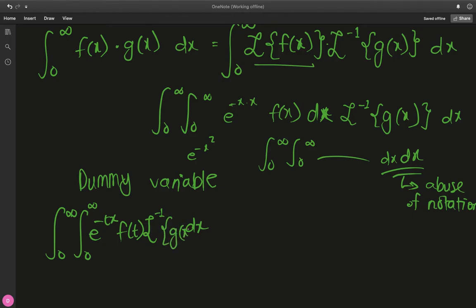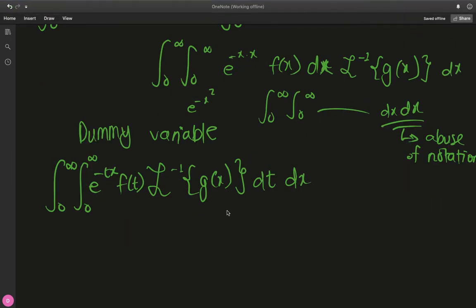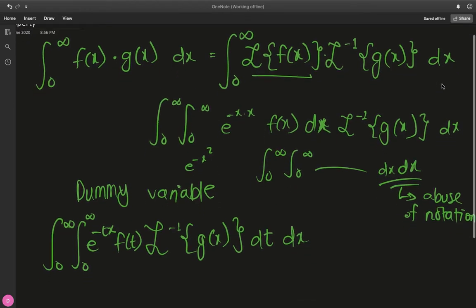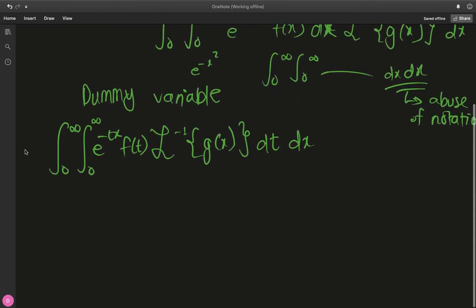Wait, I'm running out of space. So what we have here roughly is that the inner integral is on dt, and the outer integral, like we had originally, is on dx, and this I'll call our right hand side. Notice that t, in our case, is this dummy variable that I was talking about.